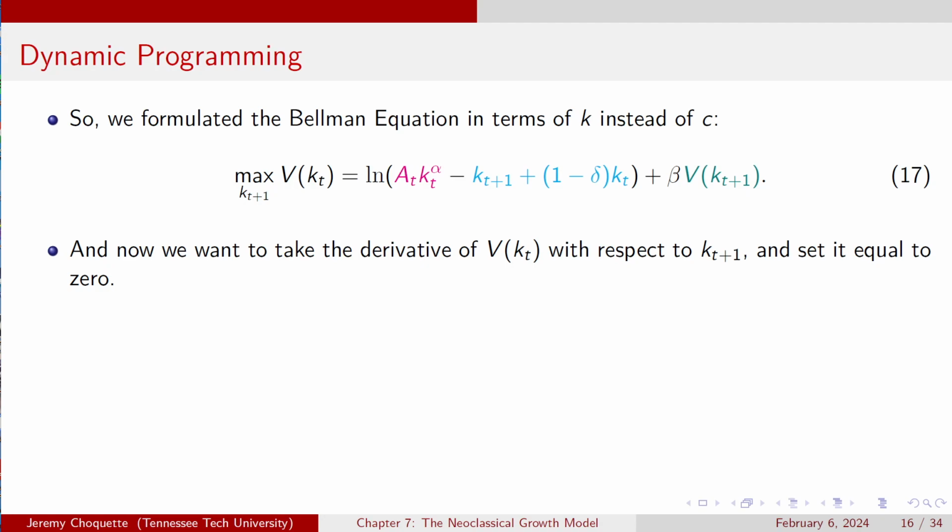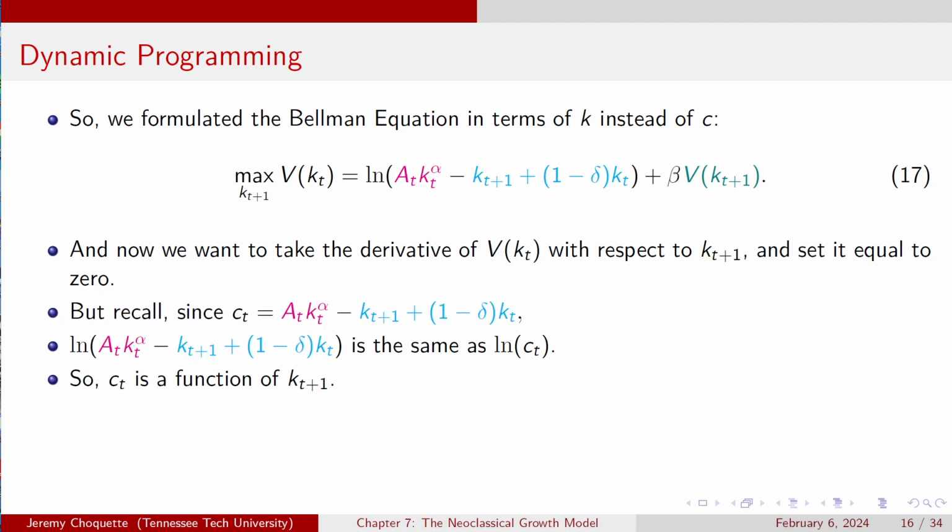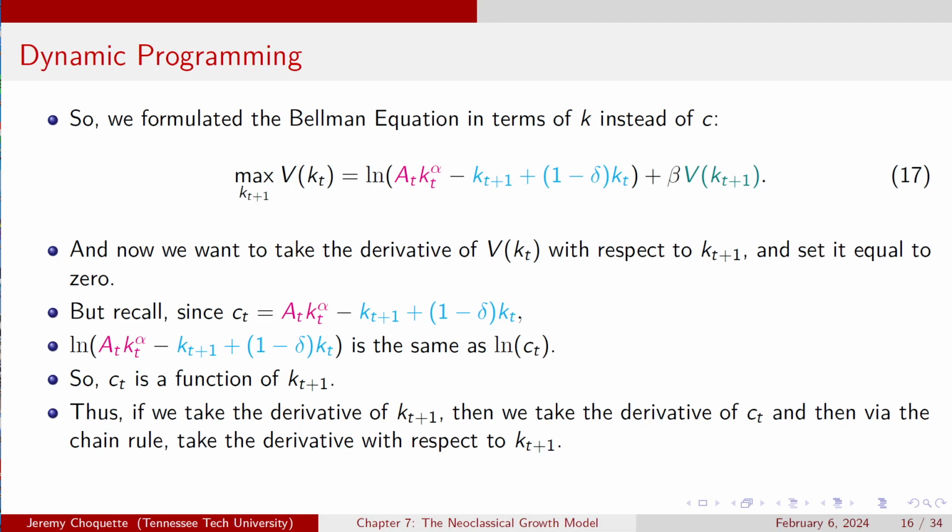So I formulate my Bellman equation in terms of K instead of C. And I want to take the derivative of V of KT with respect to KT plus 1 and set it equal to 0. So what am I going to do? Well, CT is a function of KT plus 1, right?